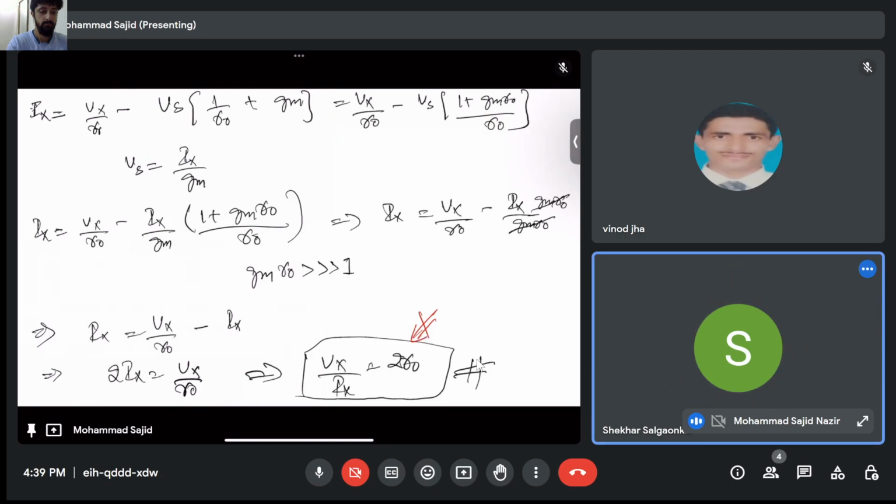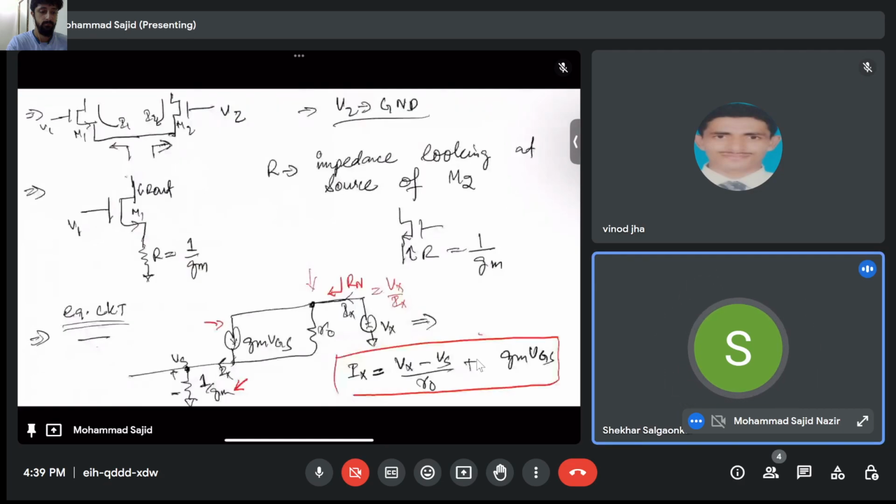Vx by Ix. If you just draw the equivalent circuit, this is clear, right? 1 by Gm R1. Actually, this we need. You must have followed this circuit. The first step was to calculate R out.